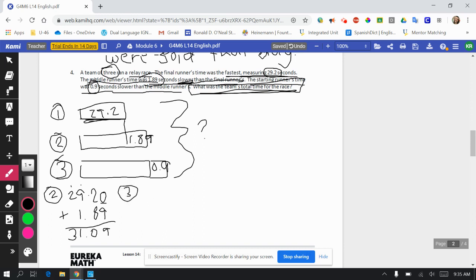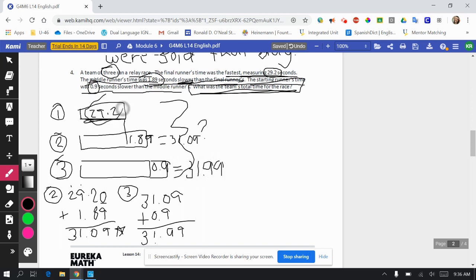Number 3. So I'm starting with the middle runner's amount, which I still have here. 31.09. Then I'm going to add 0.9. So here we go. 9 plus nothing equals 9. 0 plus 9 equals 9. 1 plus 3 equals 4... so this one's going to equal 31.99.